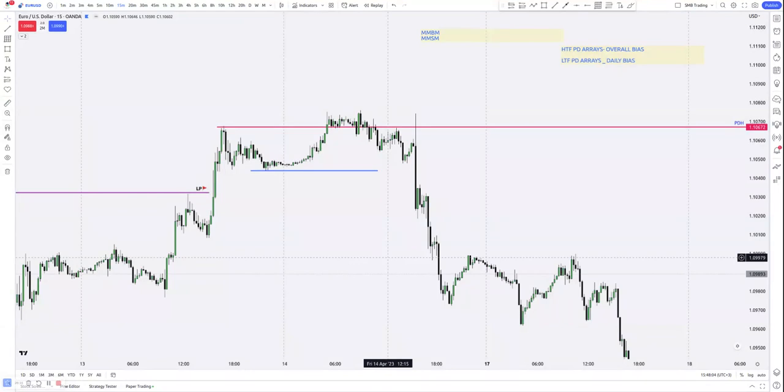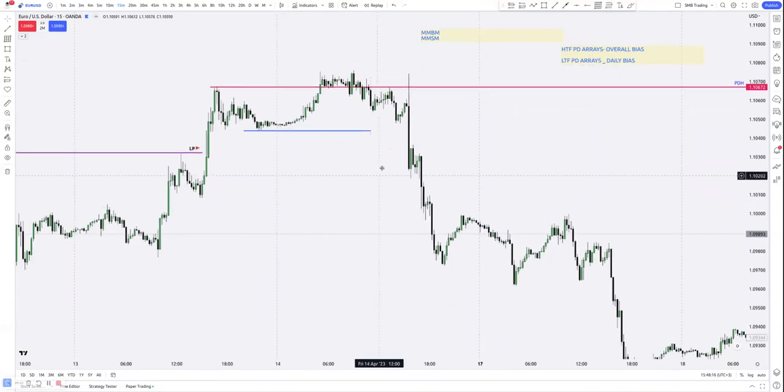Selling inside a bullish trend because we are using a daily bias which reacted to a previous day's high as our PDRA to sell, which is a market maker sell model. Okay, let me continue.